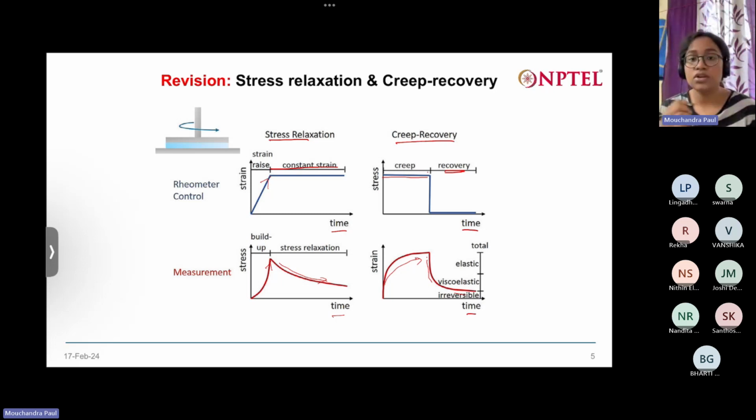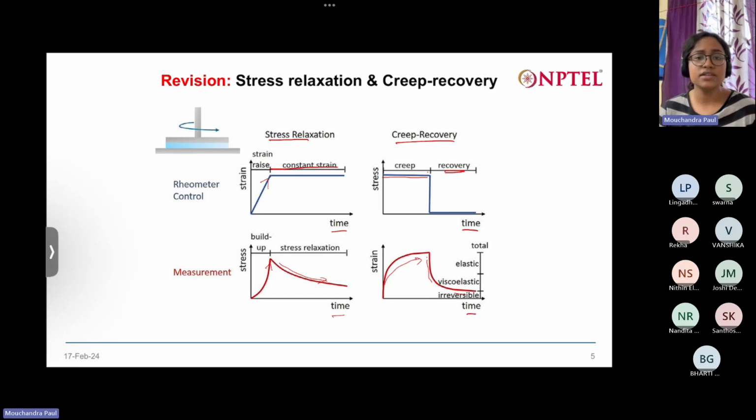I will not go into too much detail about the models and the subsequent derivations. You can do it on your own; I have given the reference in my slide. You can go to the NPTEL lecture by Professor Abhijit Deshpande. He is teaching a course on polymers, and since polymers cover a very big class of viscoelastic materials, this kind of mathematical treatment is more important there.